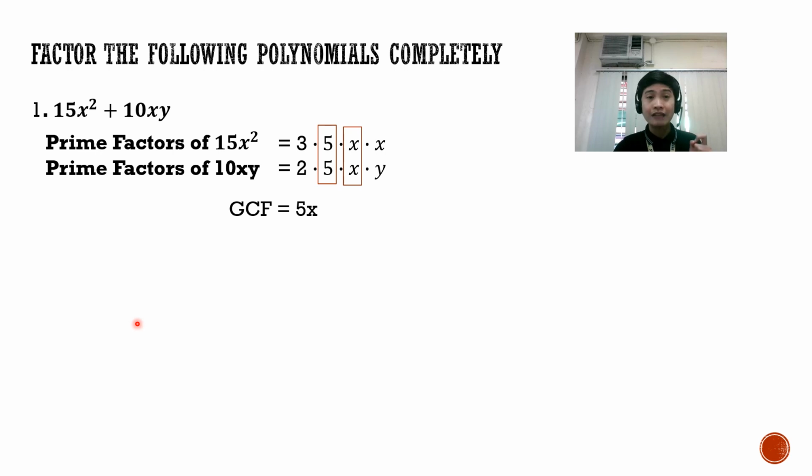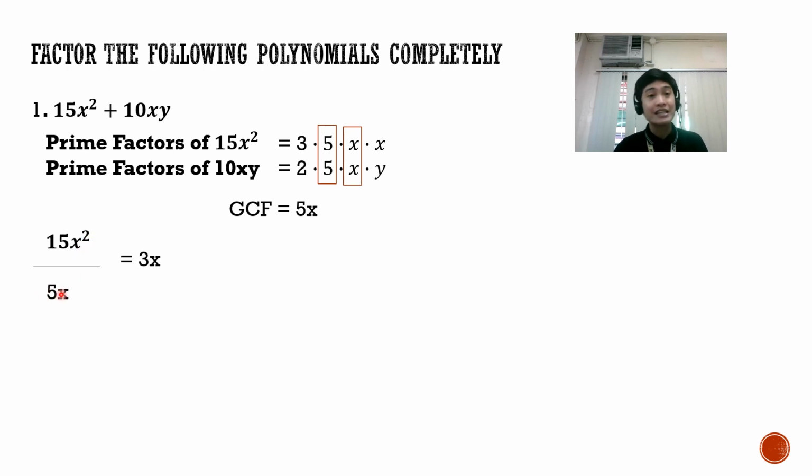Ang gagawin po natin, bawat isang expression ay i-divide sa kung ano ang nakuha nating GCF, which is 5x. So, we will have 15x squared, i-divide natin siya kay 5x. Mangyayari nito, 15 divided by 5 and then x squared divided by x.